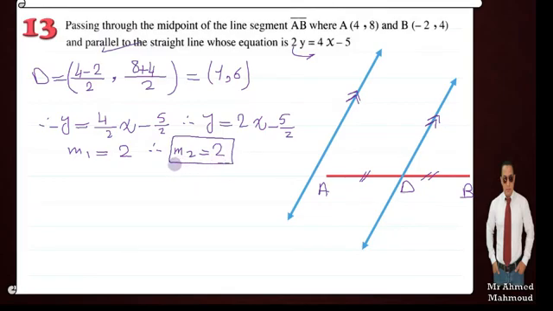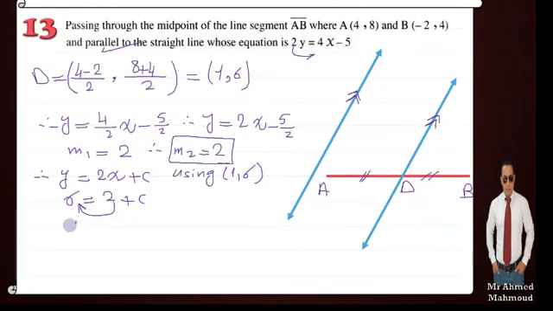Okay, m2 equals 2. Therefore the required equation is y equals 2x plus c, using (1, 6). Therefore 6 equals 2 times 1 plus c, so c equals 6 minus 2, which equals 4.